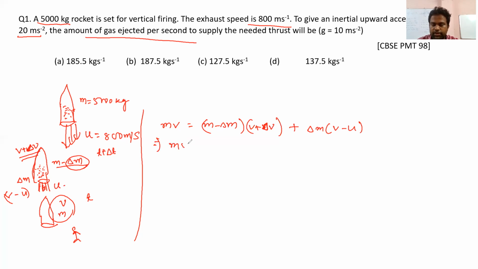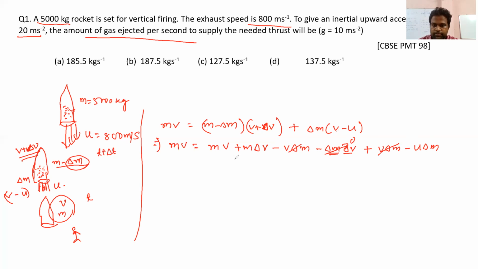So from here you can write mv is equal to, just multiply, mv plus m delta v minus v delta m minus delta m delta v. Very small quantity delta m is changing and delta v, the change in velocity will also be very small, so we'll consider this is 0 approximately, plus v delta m minus u delta m. Okay, v delta m minus and plus cancel out.